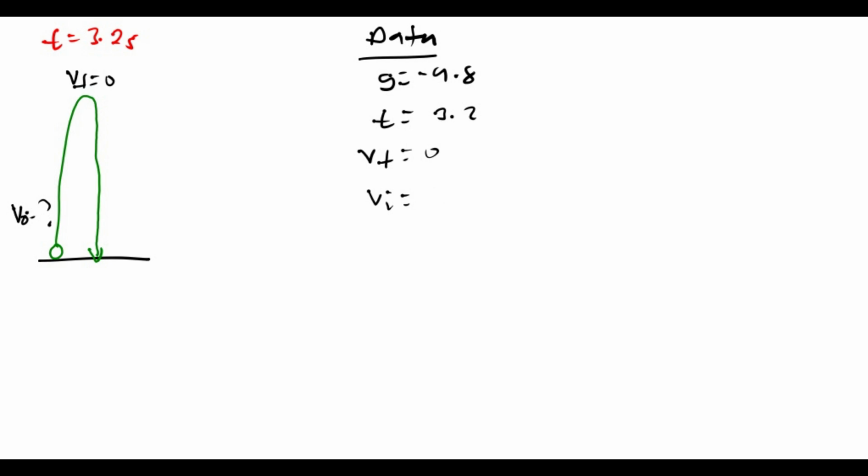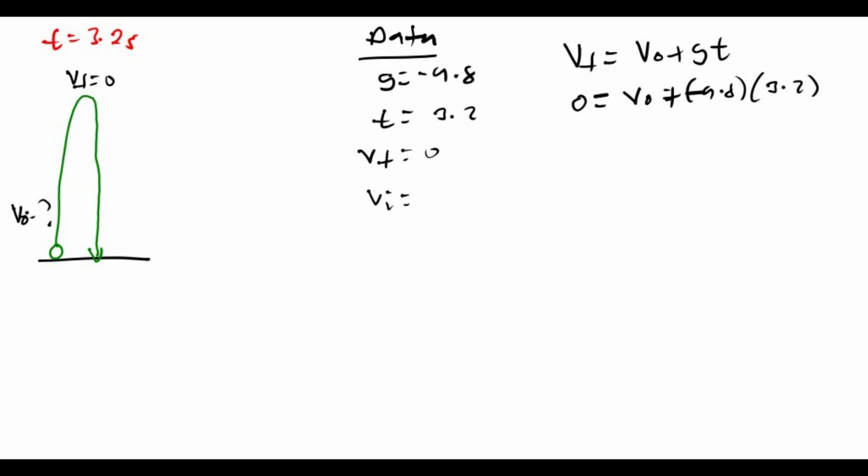So now we are going to use the first formula because I have everything. V final is equal to V initial plus GT. My goal is to find the V initial. The final is 0. V initial I don't know. Then plus G, which is negative 9.8, and T is 3.2.